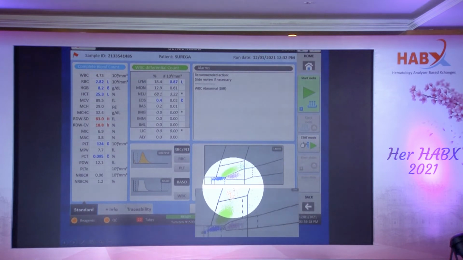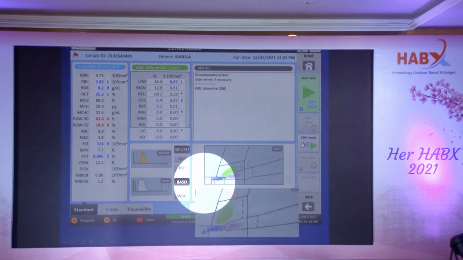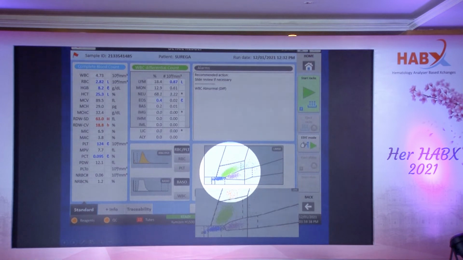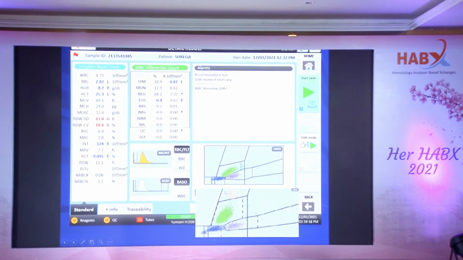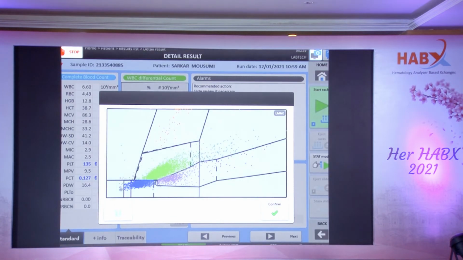Look at the size of the neutrophils, they have increased along the x-axis. The light loss has decreased along the y-axis. Same thing. Large neutrophils, decreased scatter. And look at where the monocytes are.